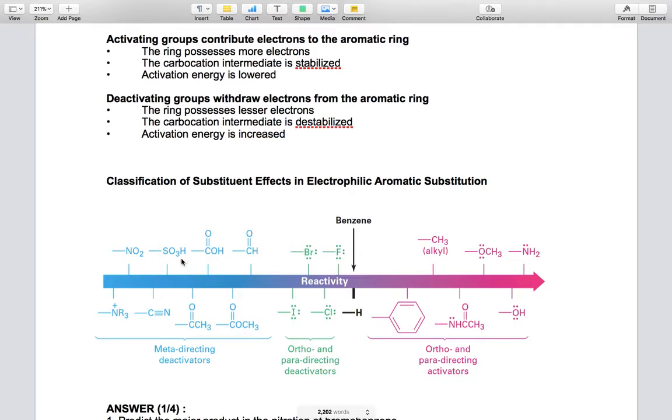Dapat alam nyo yung mga functional groups na nandito. So, let's say for example, ito, we have the COCH3. So, that's our core. That means it's a ketone group. Well, this one is arco-or. So, pag arco-or, ester. So, is CHO, that means it's an aldehyde.